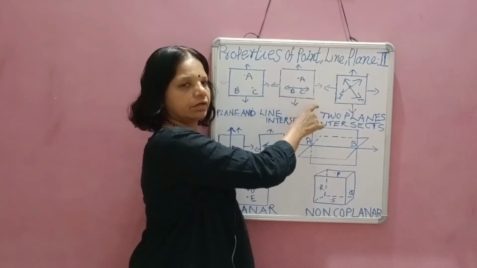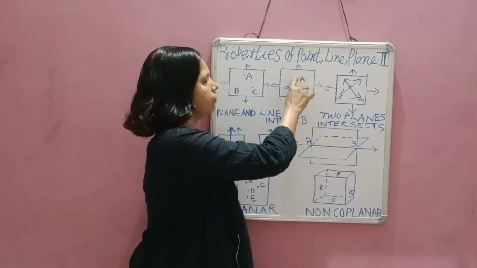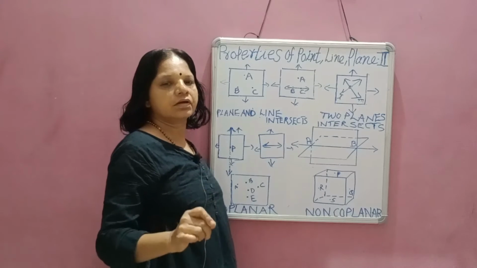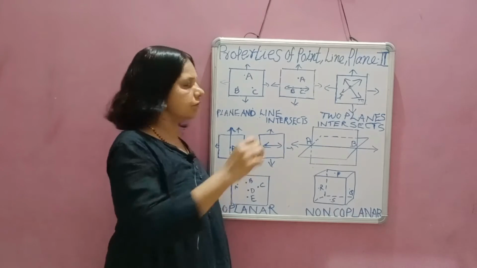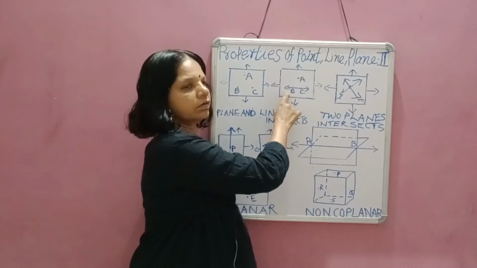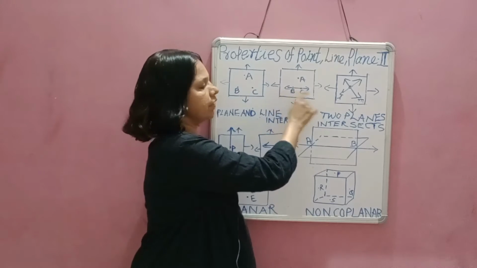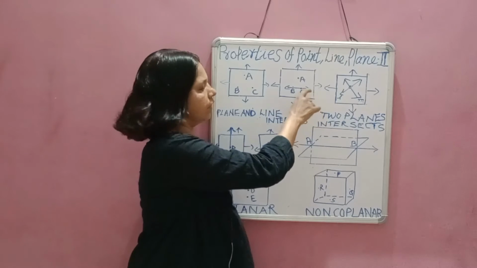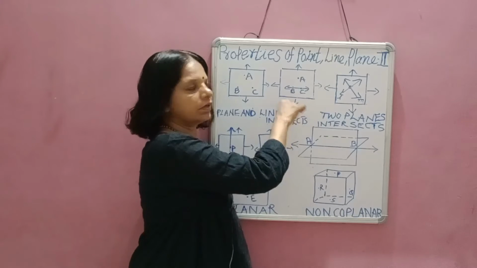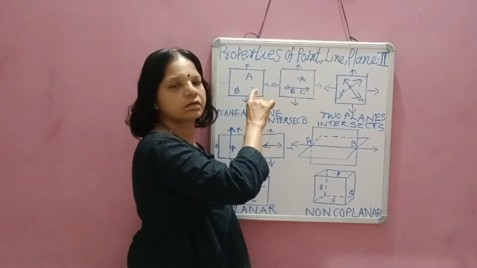A line and a point outside the line determine a single plane. Instead of these 2 points B and C, we named it line BC. So line BC and the point A outside the line determine a single plane.